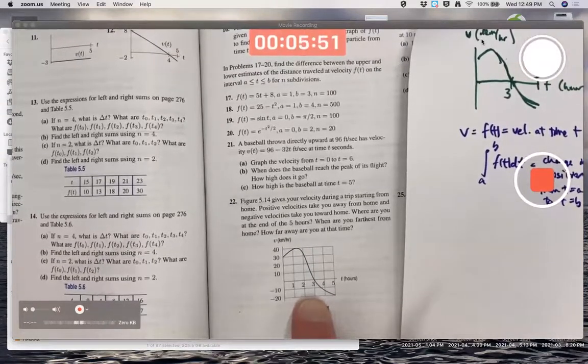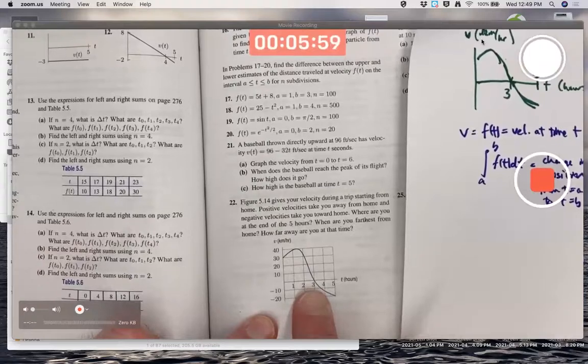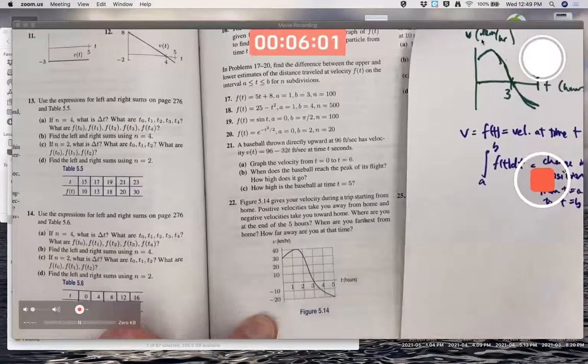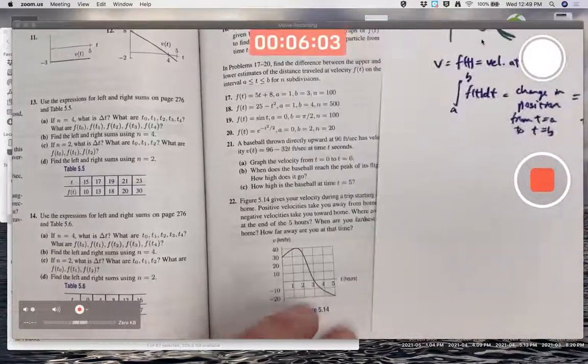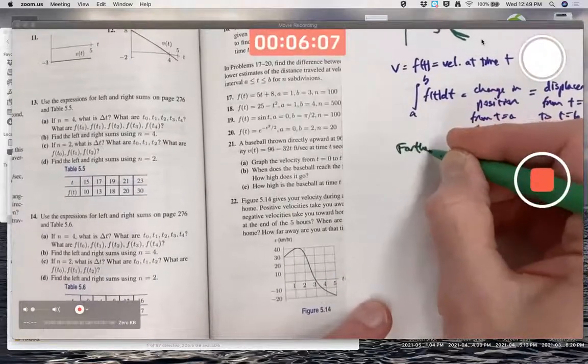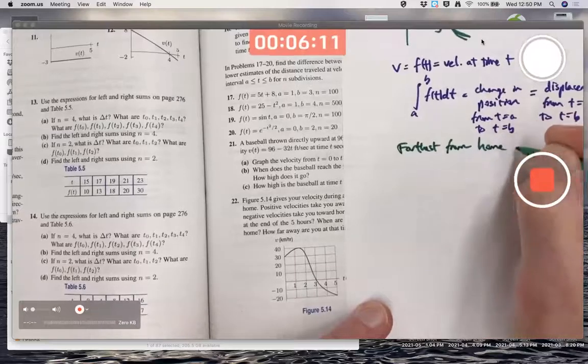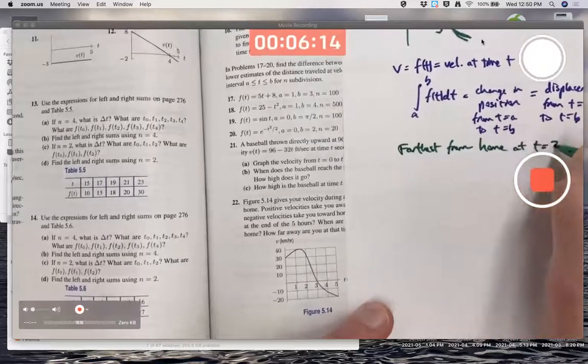So it should make some intuitive sense that you're farthest from home at t equals 3 hours.